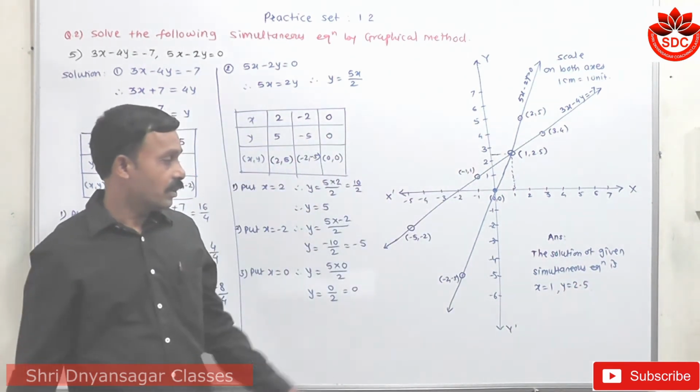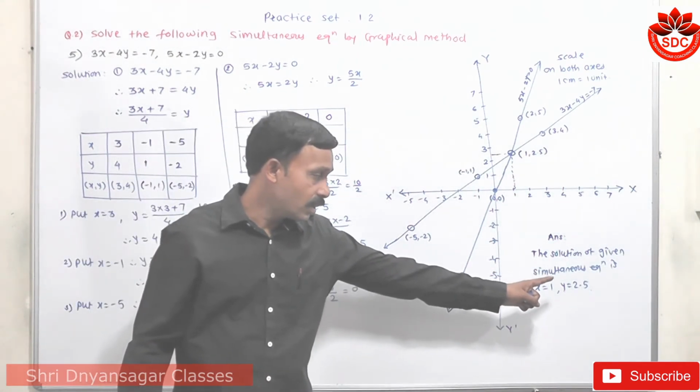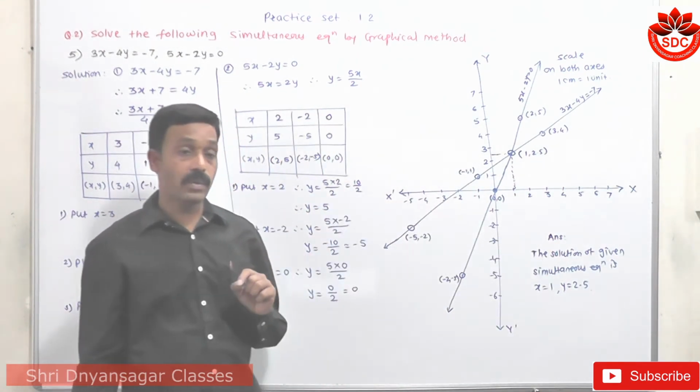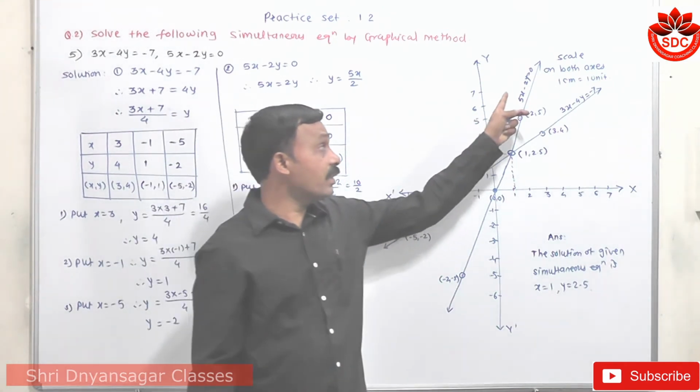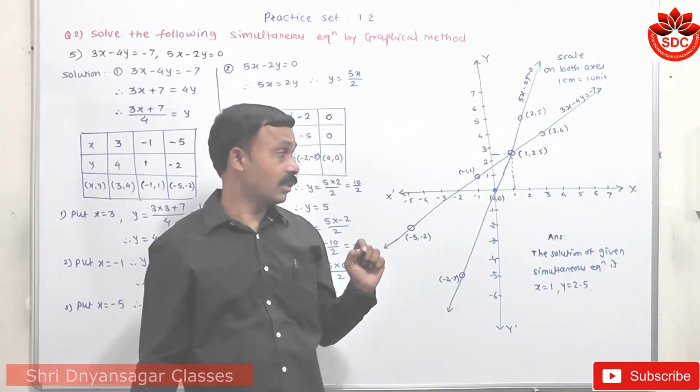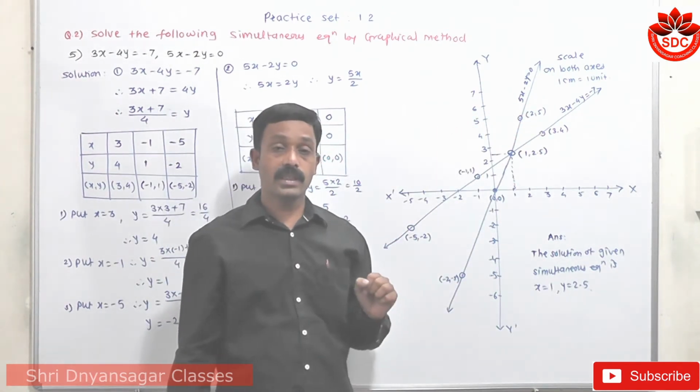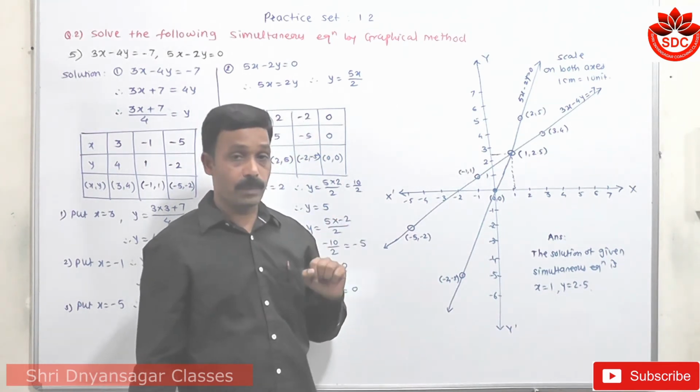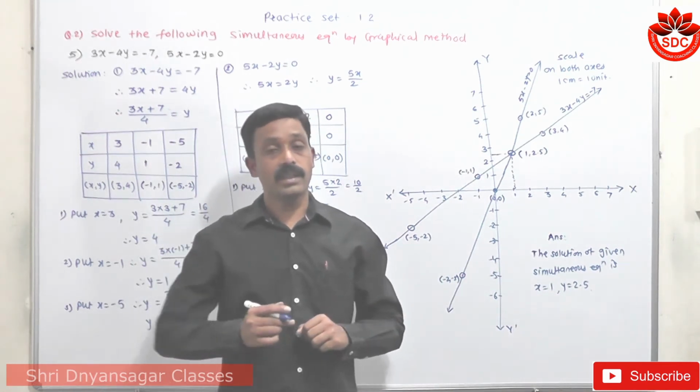This means, students, that x equal to 1 and y equal to 2.5 satisfy both these equations. This is the point of intersection of the lines on the graph paper. Okay, now we take the next question.